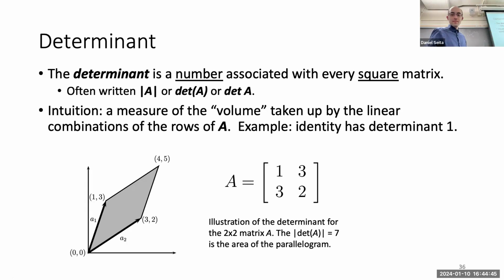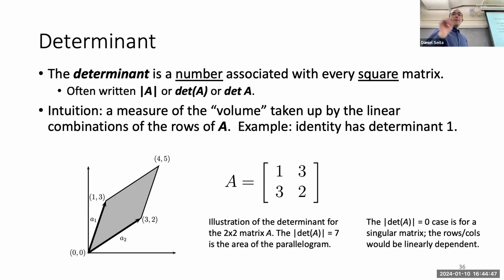So what about when the determinant is 0? That would mean the matrix is singular. Suppose instead of 3, 2 you had 1, 3 and 1, 3 as the two rows. Then you would get two vectors that coincide, and so what's the area of the parallelogram? It becomes 0.